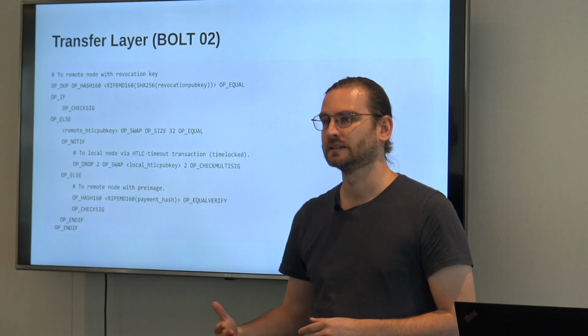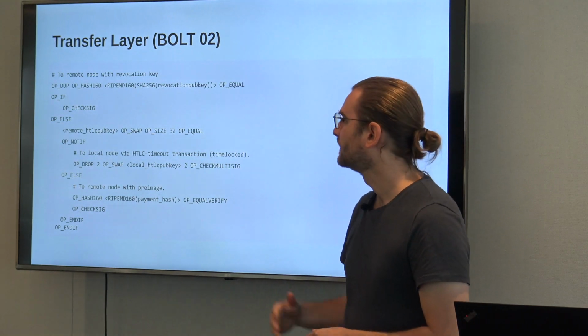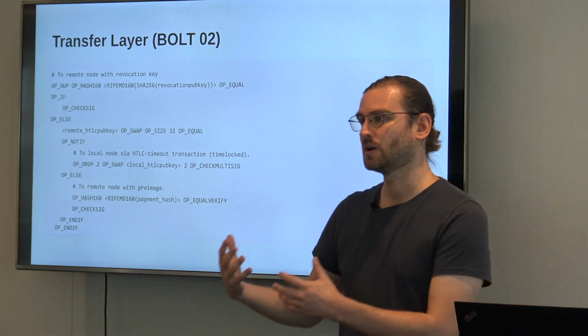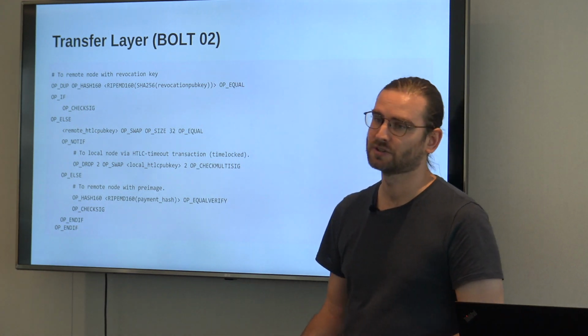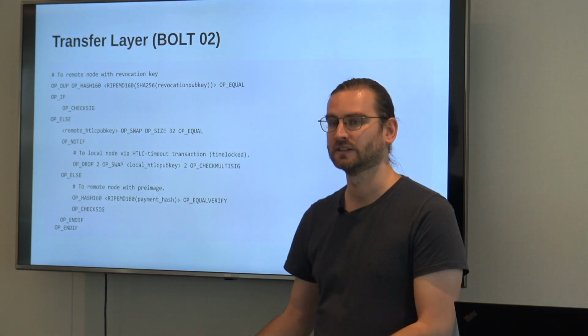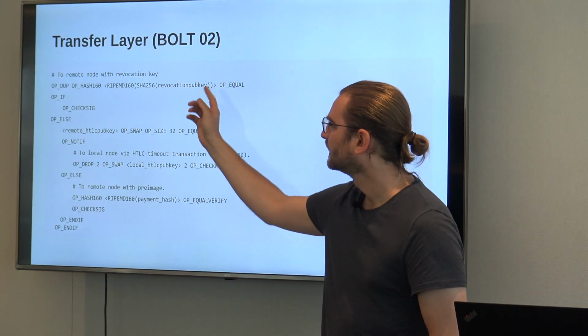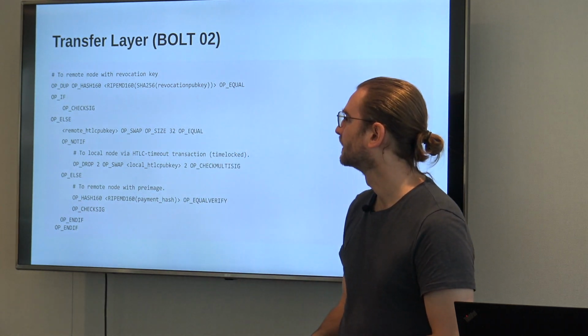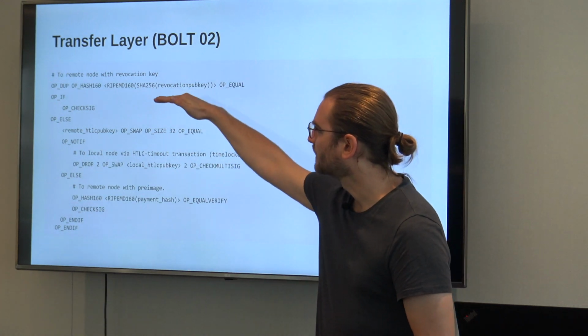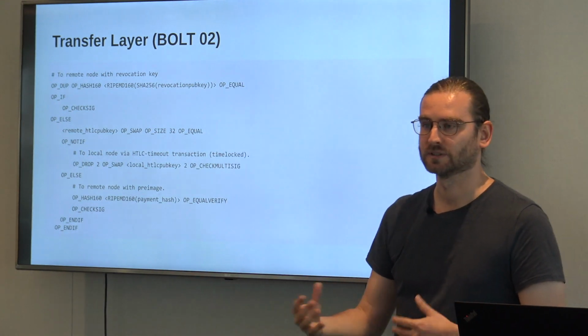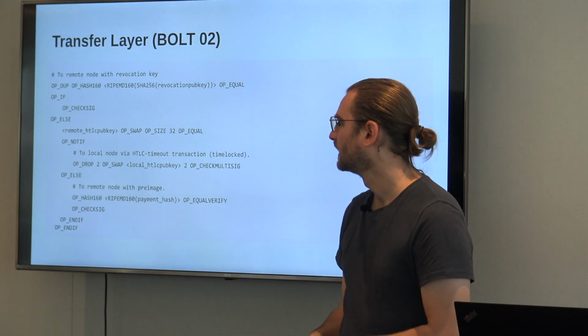Because in the Lightning penalty mechanism, these HTLCs might actually end up on the blockchain itself, we need to make sure that we could also revoke these. So that's why we have this initial step here. But from the OP_IF downwards is basically what the generic HTLC would look like.